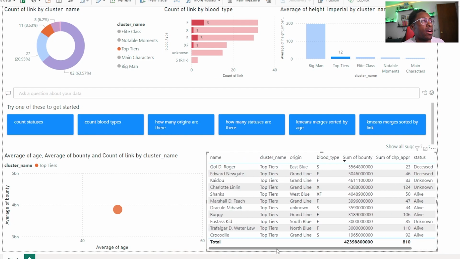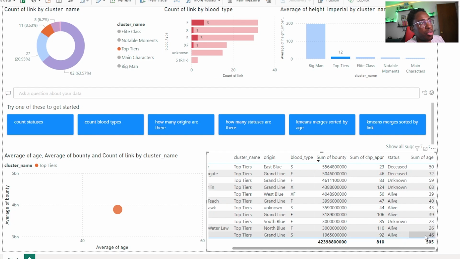One common attribute Crocodile has with these characters, while he has the lowest bounty of this, is he appeared pretty early in the story. Characters like Gold Roger, Shanks, Blackbeard, Mihawk, Buggy, they all appeared relatively earlier in the story, in the first 25%.